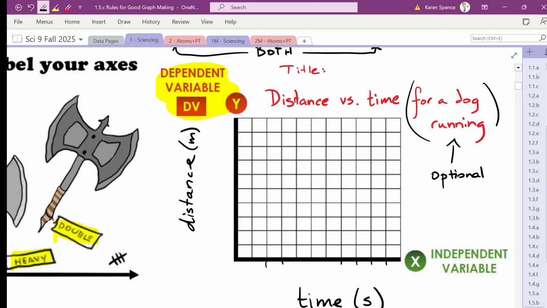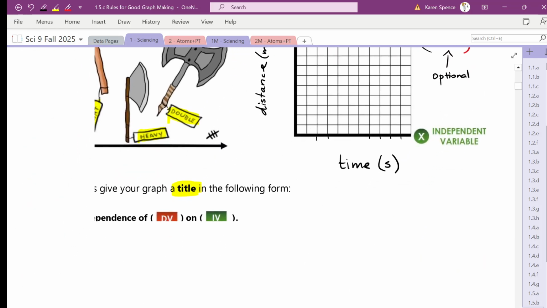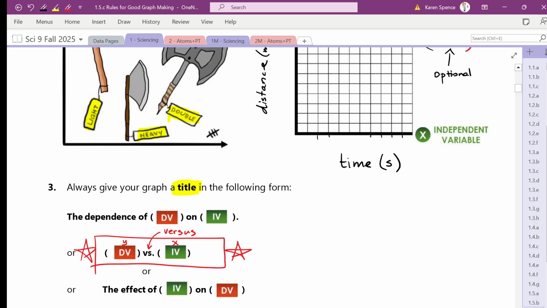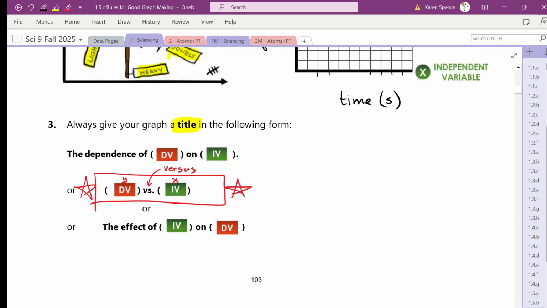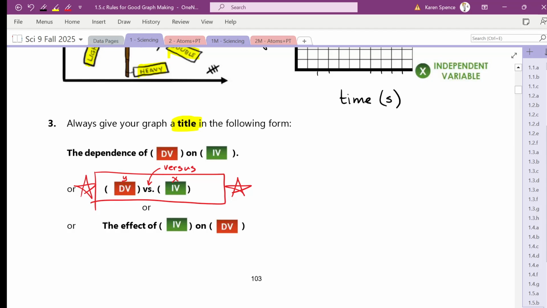Later on, you might get asked to write more specific stuff than in grade 9. If you get y versus x, dependent versus independent, I'm going to be a happy camper. If you want to try out any of the other ways of writing it, you can, but they switch around, right? So I'm just going to say stick with that one. That's the guaranteed money winner.